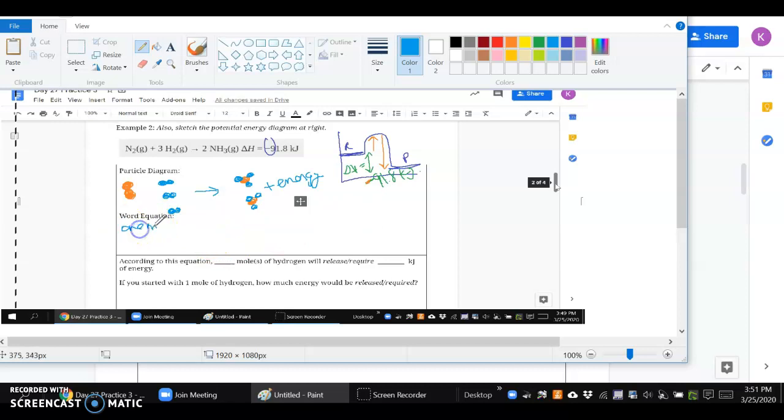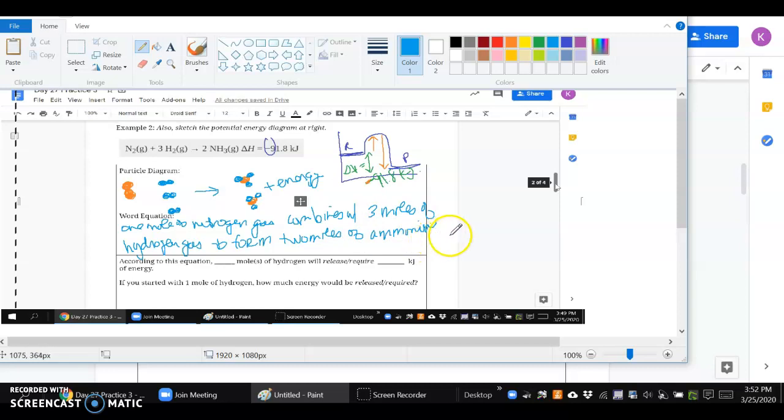Word equation: 1 mole of nitrogen gas combines with 3 moles of hydrogen gas to form 2 moles of NH3, which is actually called ammonia, or you could say nitrogen trihydride.